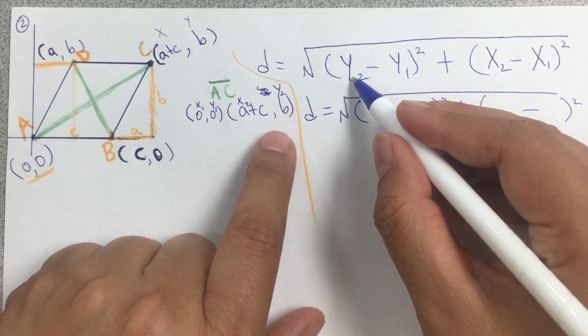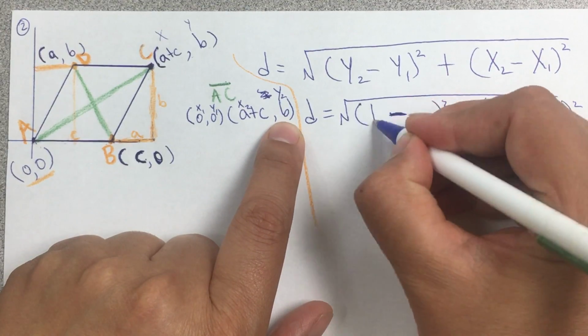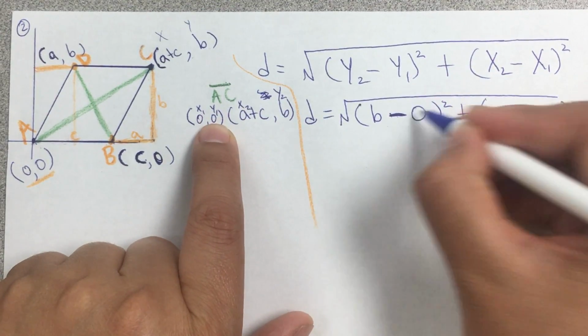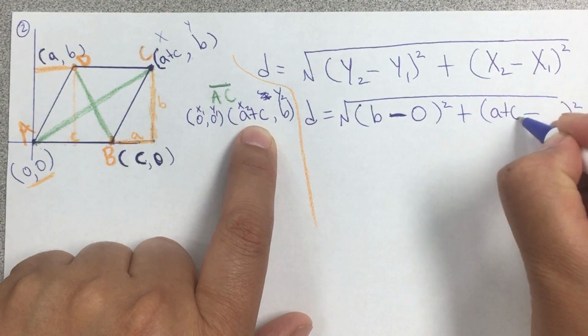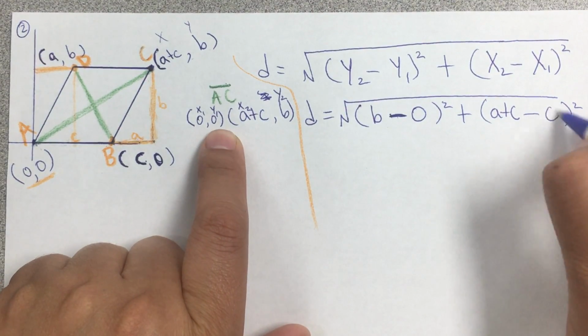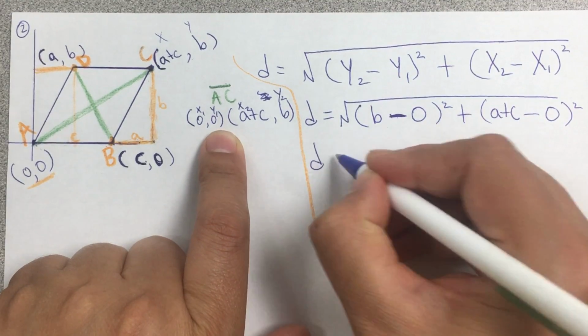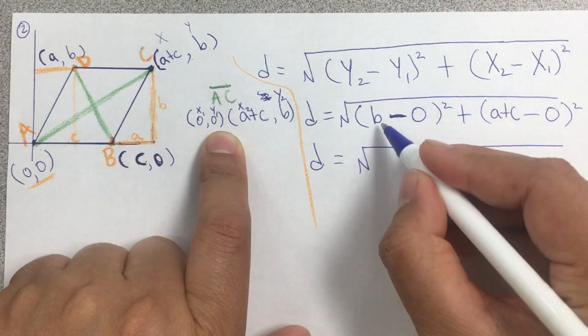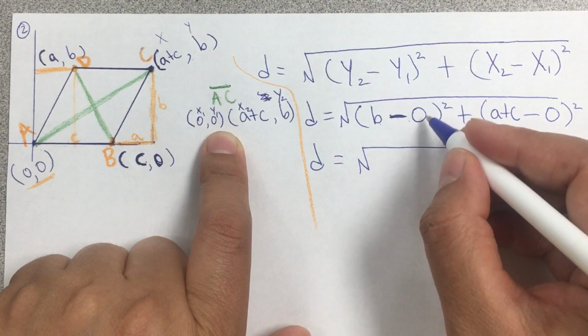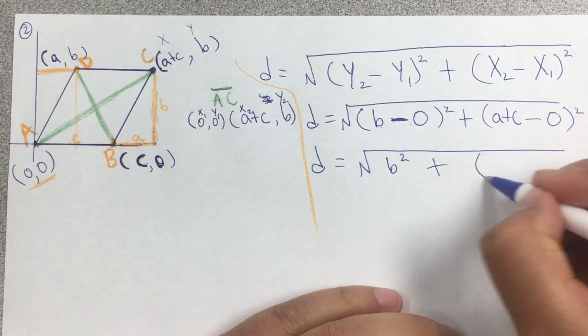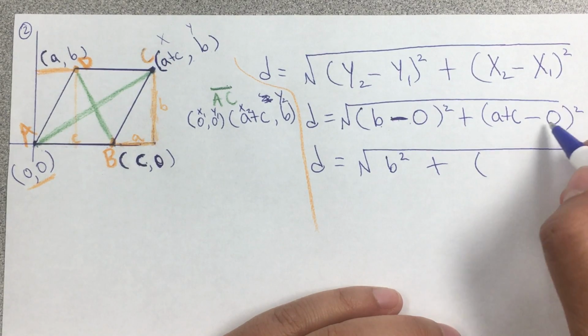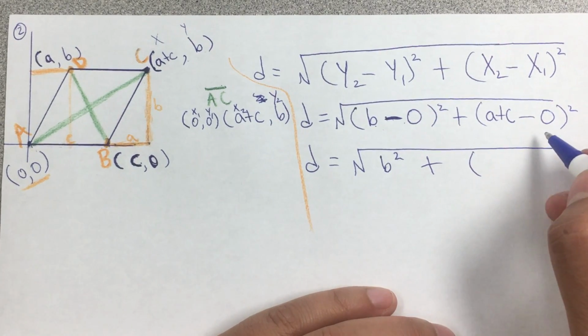So Y2 is B minus 0, and then X2 is A plus C minus 0, squared. So B minus 0 is B squared. And in here, A plus C minus 0, basically when you subtract 0, nothing happens.